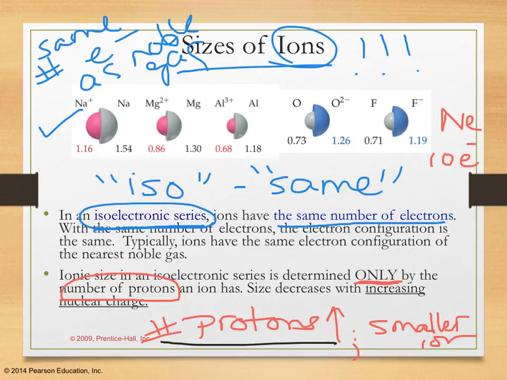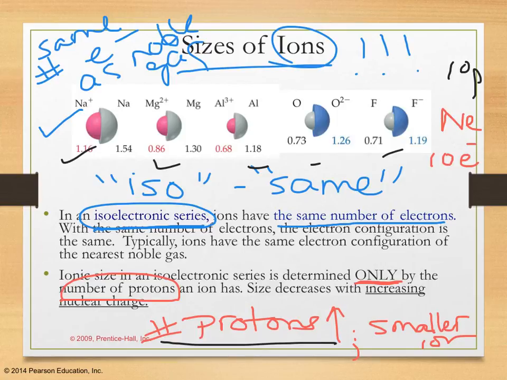The only thing that matters is the number of protons. And so, which one of these, sodium, magnesium, aluminum, oxygen, or fluorine, has the most protons? Well, you would need to look at a periodic table, because my guess is you probably haven't memorized where they're placed. But I'll just write them in right now. Neon has atomic number 10, so it has 10 protons, in addition to neutrons.